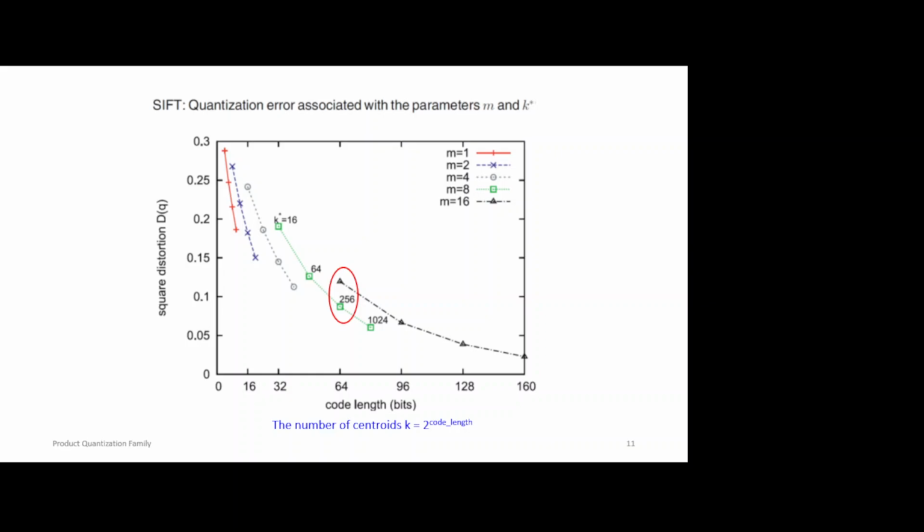So again we can generate 2 to the 64 centroids. Any problems? I just showed you 2 different configurations to generate 2 to the 64 centroids.